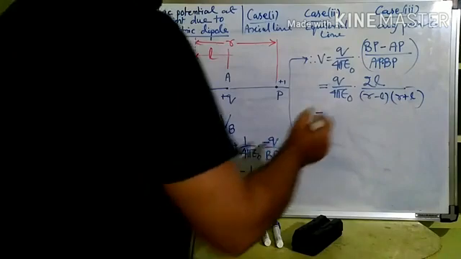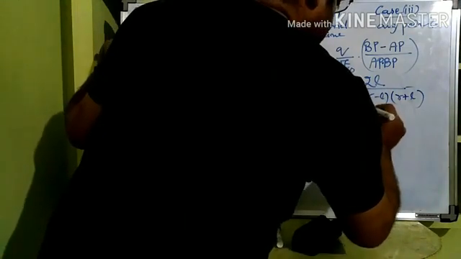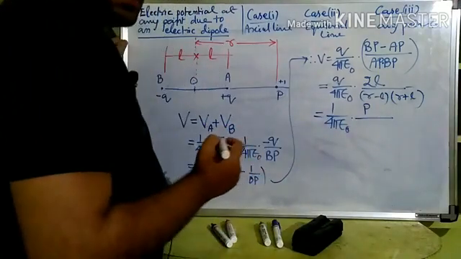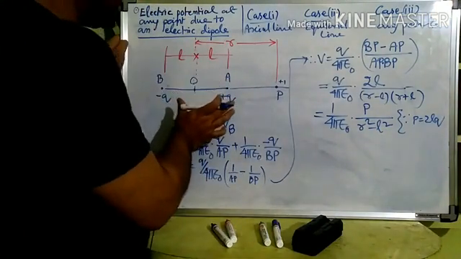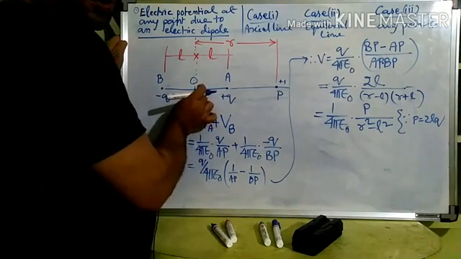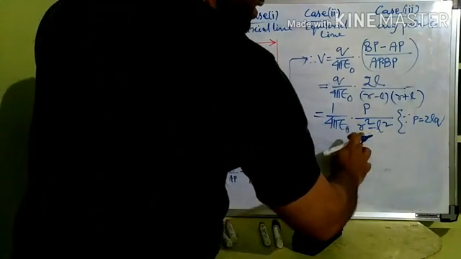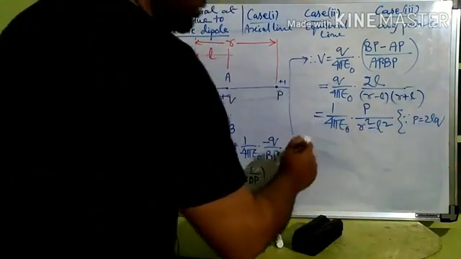So R plus L. Now, 2Lq is the dipole moment P. This we know already. So 1 by 4 pi epsilon naught, for 2Lq I write P, divided by R plus L into R minus L, which is R square minus L square, since P is equal to 2Lq. Here, just to make you understand, I have drawn L so big. Otherwise, A and B are too close to each other. So L is negligibly small as compared to R. Since this minus sign is there, L square can be neglected as compared to R square.